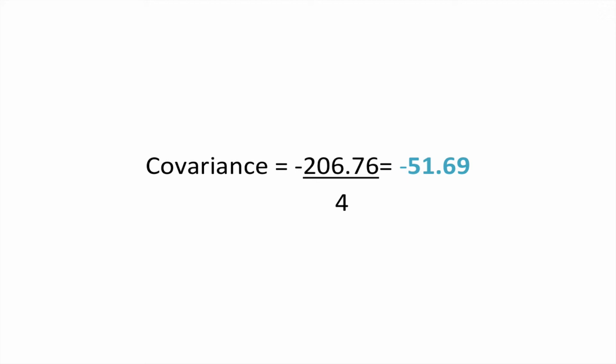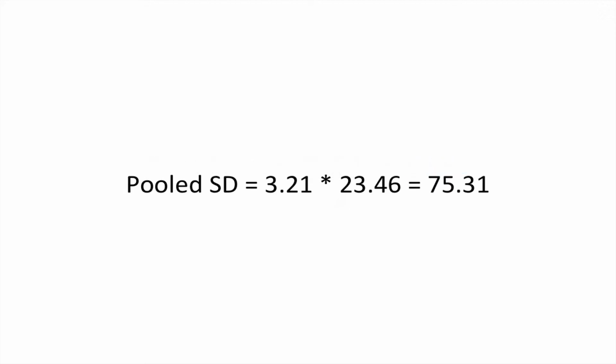So what we do, as we see on the next slide, is take the standard deviations for both variables, which were calculated in the first slide, and we just multiply them together. So 3.21 times 23.46 equals 75.31.